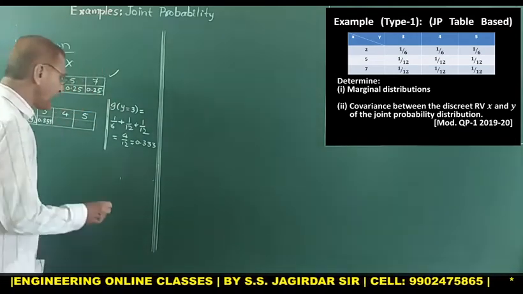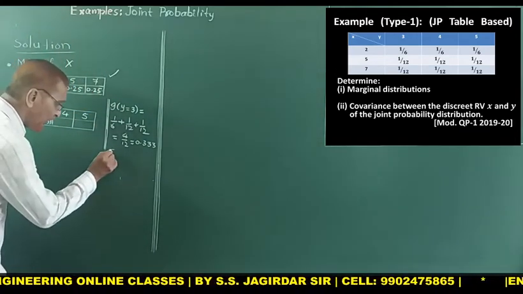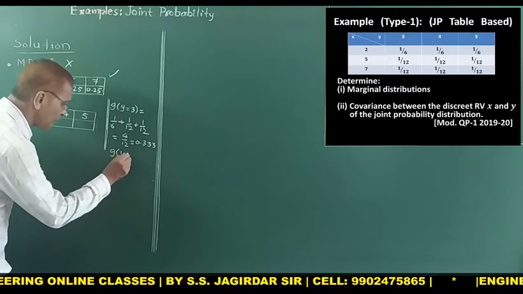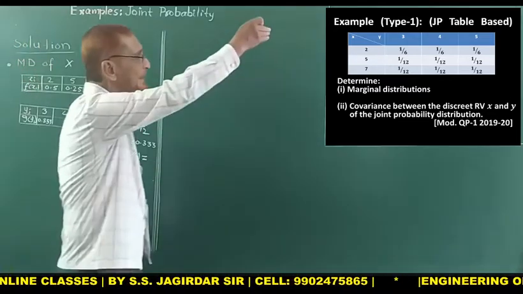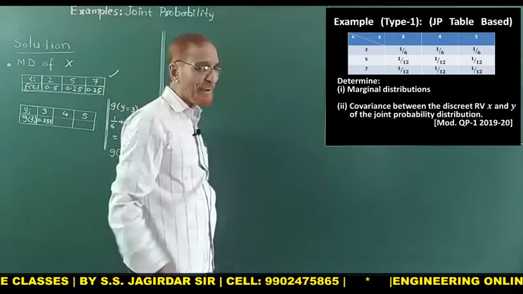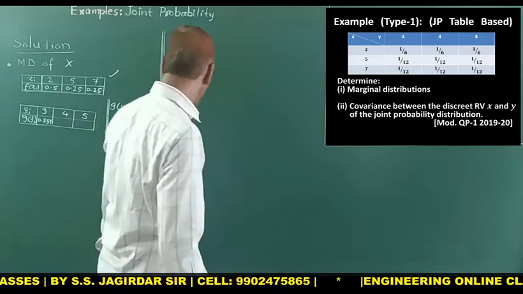Next, you go for g of y is equal to 4. Against 4 along the column, what are the values? You can see 1 upon 6, 1 upon 12, 1 upon 12.